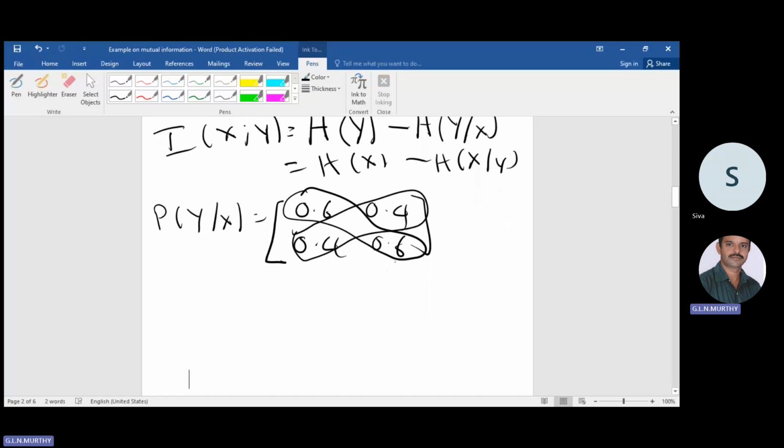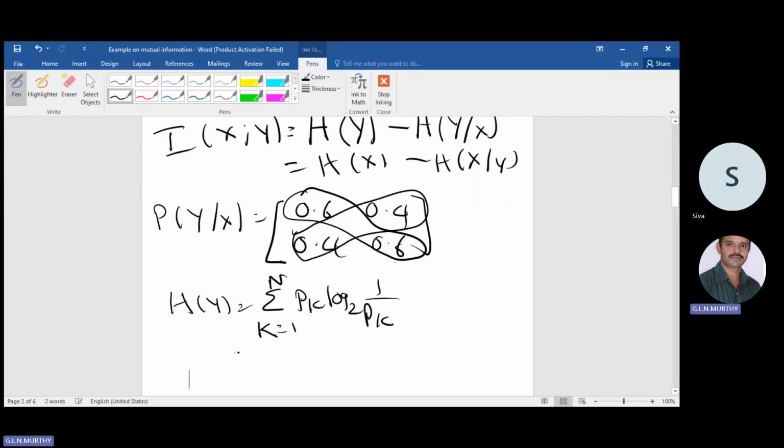But if you see the expression to estimate the mutual information, we need to estimate H of y. What is H of y? H of y is the entropy at the destination side, which can be written as H of y equals sigma k equal to 1 to n pk log base 2 of 1 by pk.